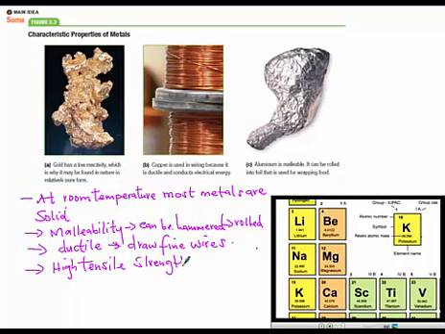Which means metals can be stretched or overstretched without it being of any problem. So we say their ability to resist breaking when pulled.